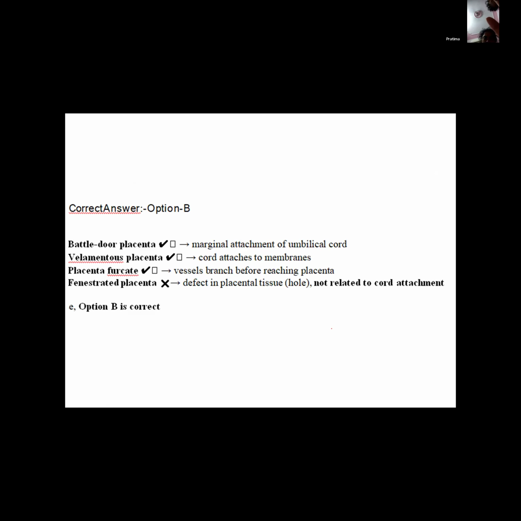Instead, the blood vessels run through the fetal membrane first and then reach the placenta. So because of this, what is the problem? These exposed vessels are not protected, so they can tear and rupture easily. उसको protection नहीं मिला तो कभी भी tear, and so it gets ruptured easily, right? And lastly, fenestrated, so defect in the placental tissue not related to the cord attachment. The answer is fenestrated placenta.